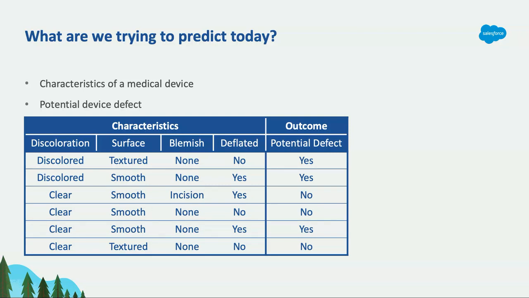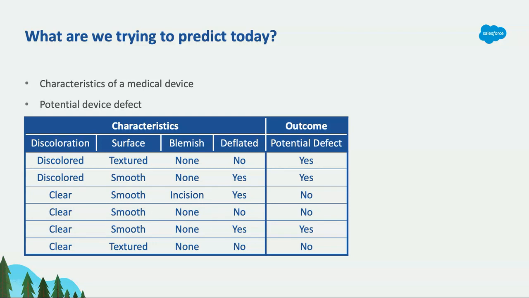If you haven't figured it out yet, we're trying to determine whether or not a device is defective. So, for example, if the device is discolored, textured, doesn't have a blemish, and it's not deflated, chances are it's not a defective device. However, it is a defective device because it's discolored. There's no reason it should be discolored.